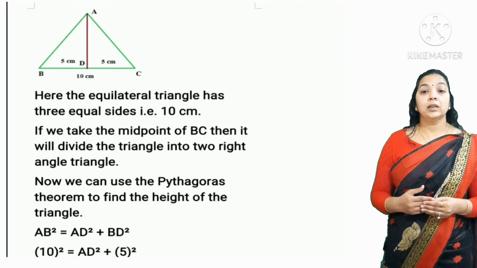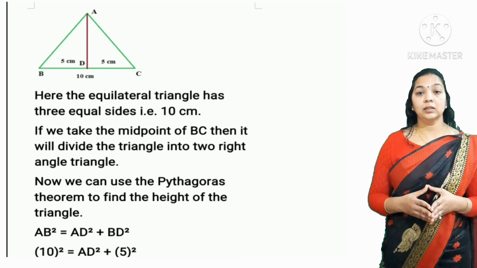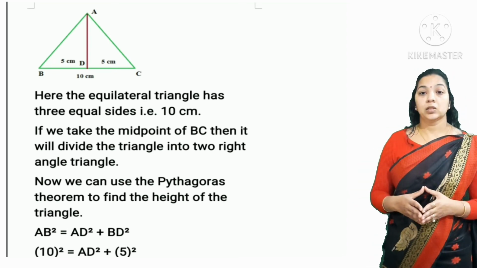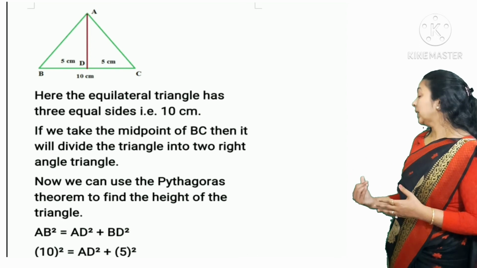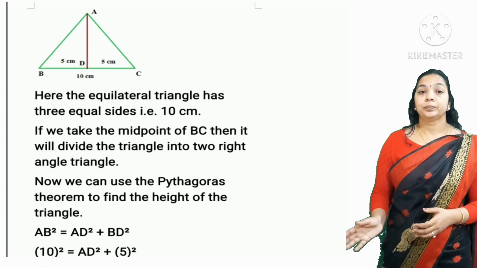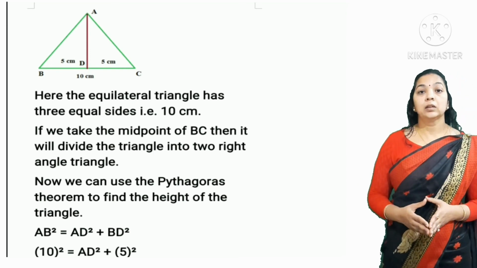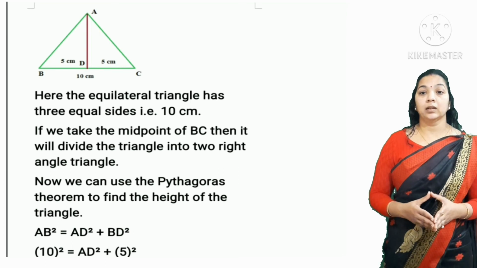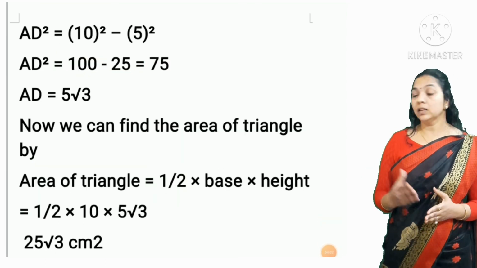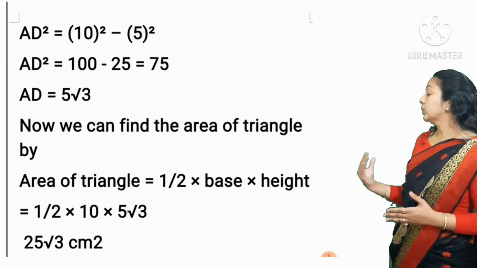Now we can use the Pythagoras theorem to find the height of the triangle, that is AB square is equal to AD square plus BD square. Here BD is equal to 5 centimeter. So by using this Pythagoras theorem, we can calculate the height of this triangle. Here AD square is equal to 10 square minus 5 square, that is 100 minus 25 is equal to 75.